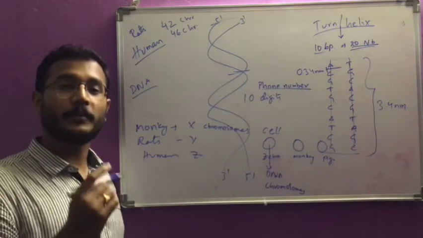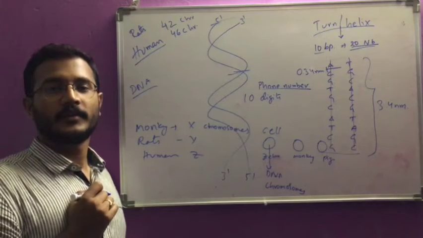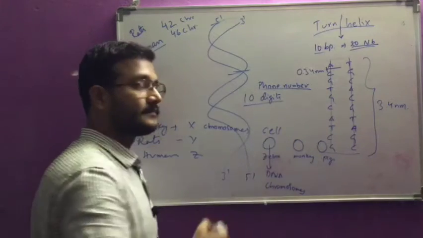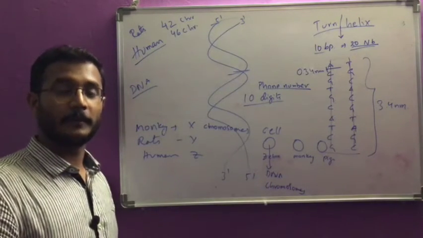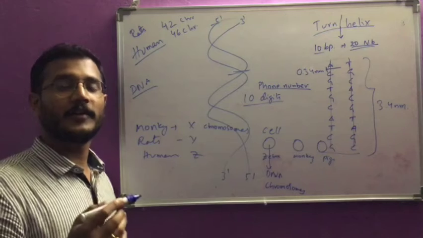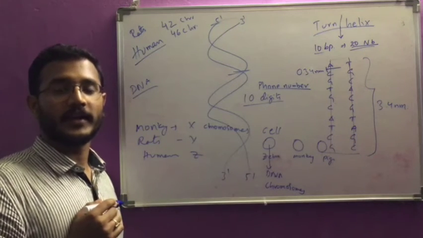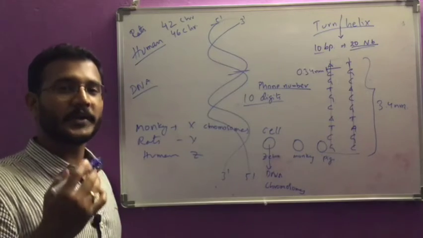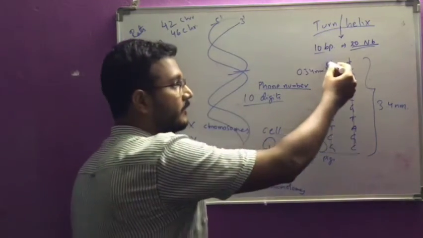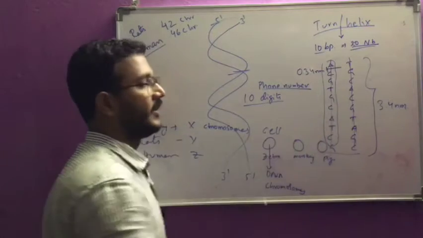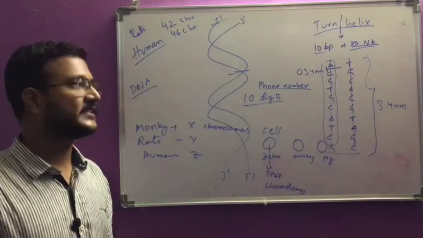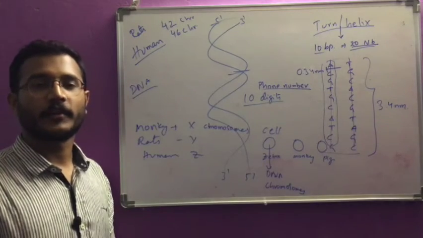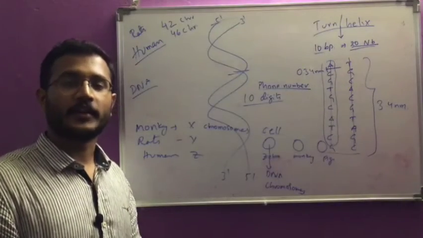Each and every phone number is not the same, but the number of digits is 10 only. The same phone number will not be there between two candidates. Like that, the number of chromosomes is the same, but the arrangement of the bases is different. This is the best example to define the specificity of DNA from one organism to another organism.